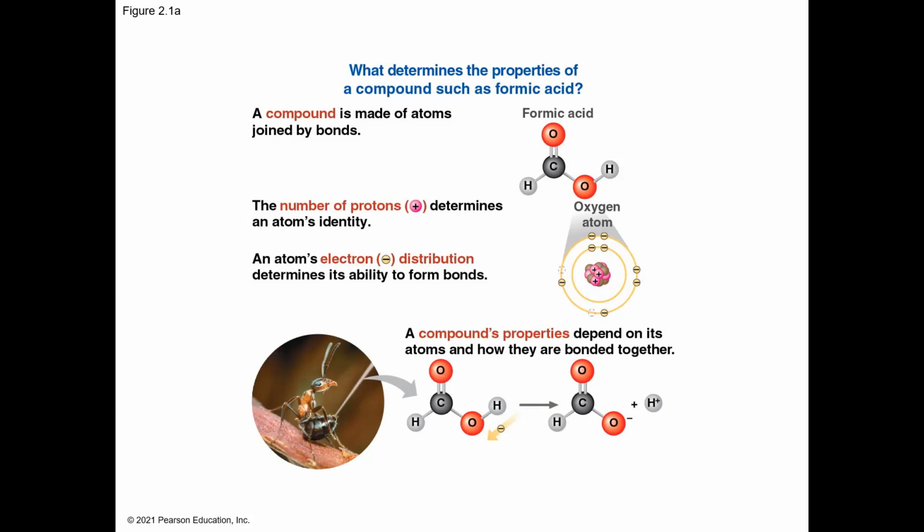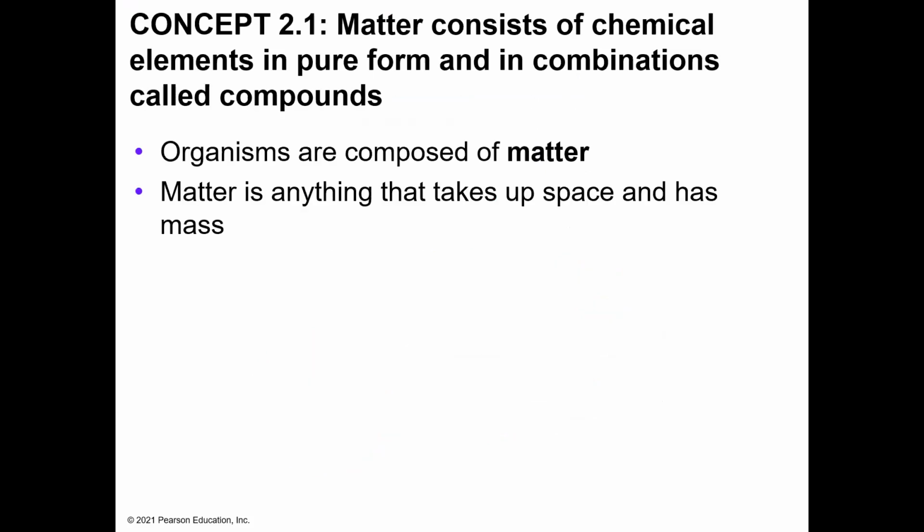And then the electrons that are attracted to the nucleus of an atom determines the ability of the atom to bond and how it bonds to other atoms. And it is this formation of a compound and the compound's properties that are determined by this unique bonding pattern that they have to create something unique, such as formic acid.